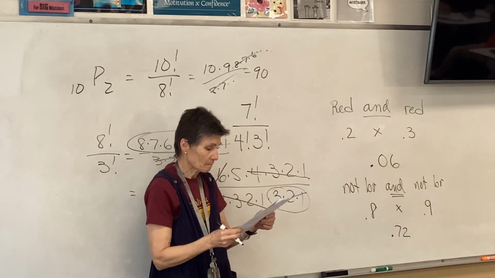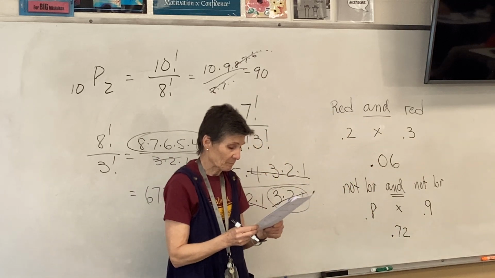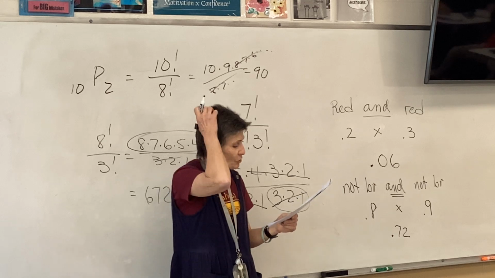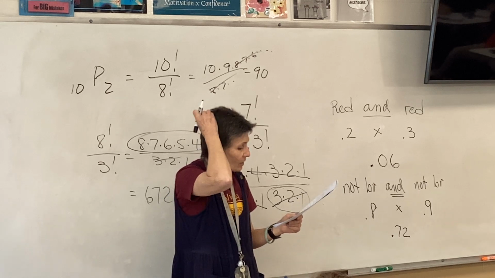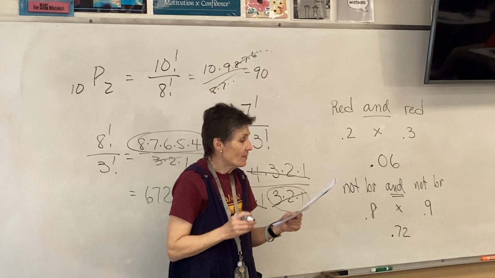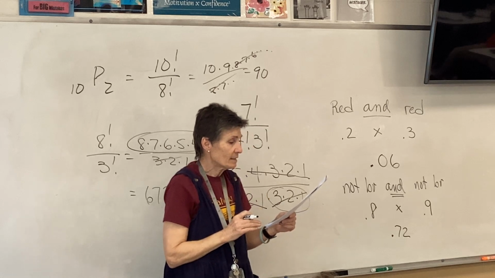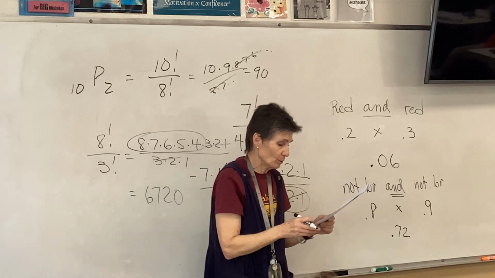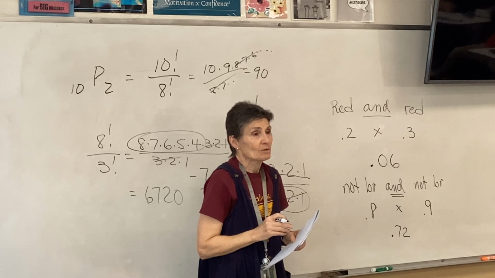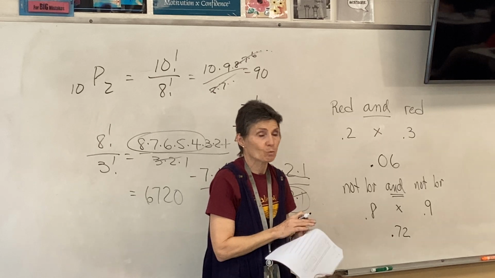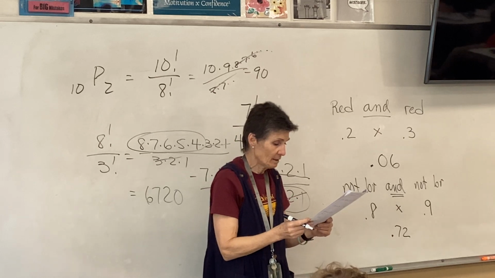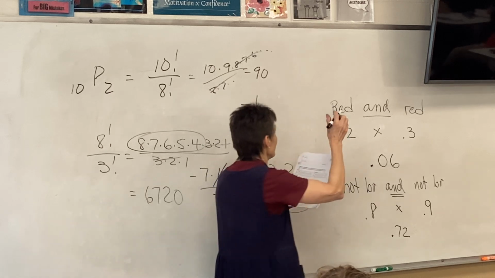If a candy is chosen from each bag, what is the probability that Maggie's will be green and Elizabeth's will be blue? So we're picking from Maggie, hers is the first one. We want her to be green. So what's Maggie's green?